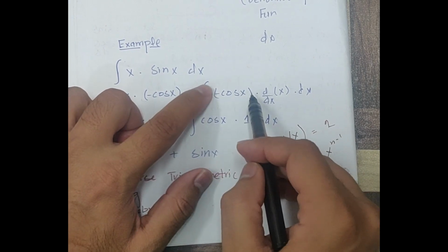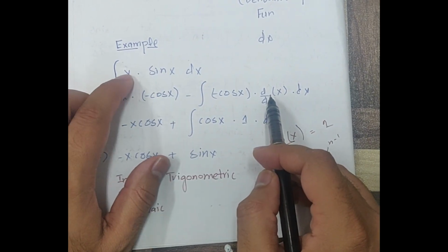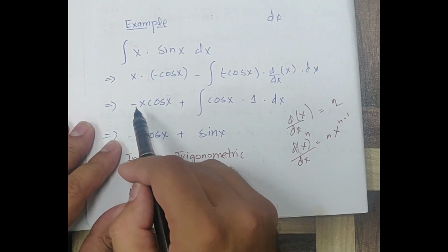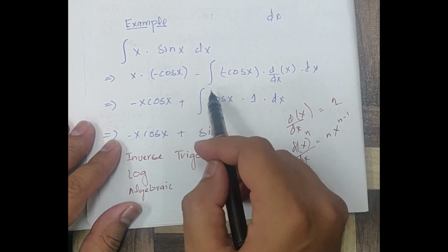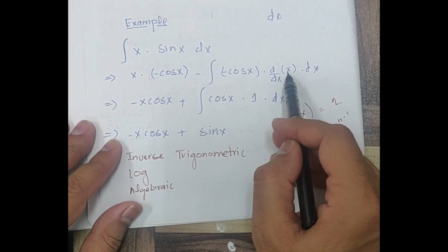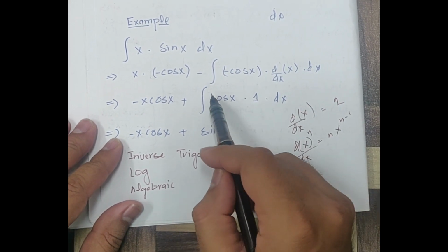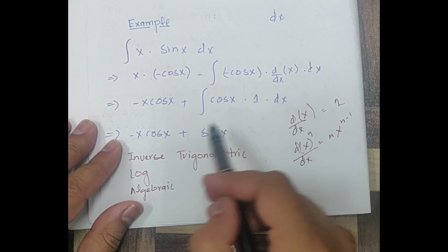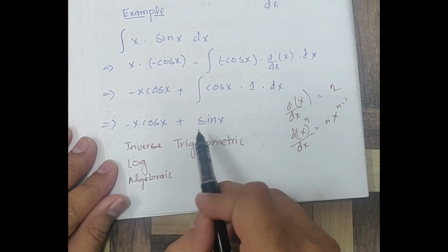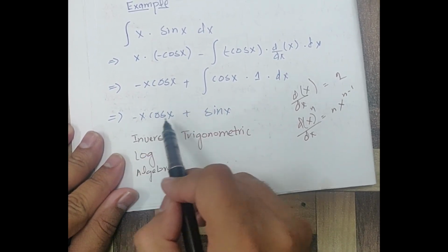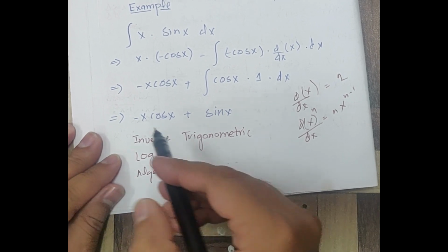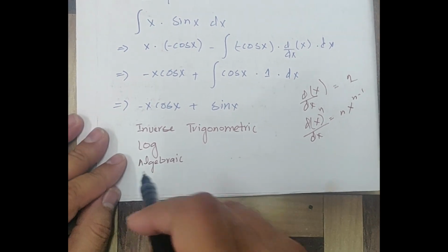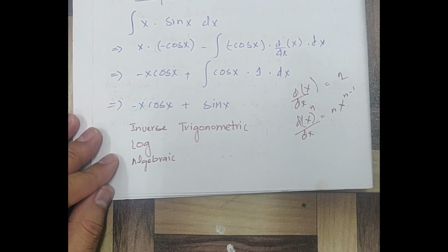So I've already solved it here, along with the derivative of the first function, d over dx of x, which leaves us with minus x cos of x plus the integral of this, where d over dx gives us 1, and this minus sign cancels out with this minus sign, leaving us with the integral of cos of x dx. Now the integral of cos of x is sine of x, so the solution is minus x cos x plus sine of x.